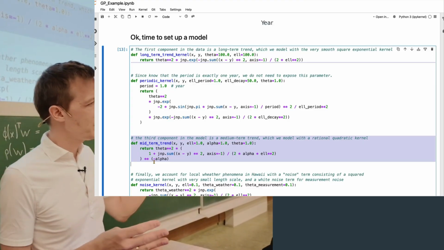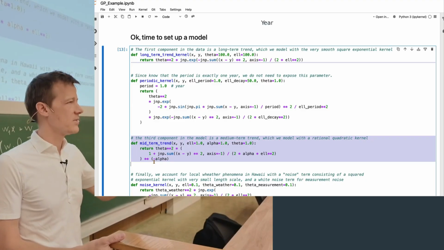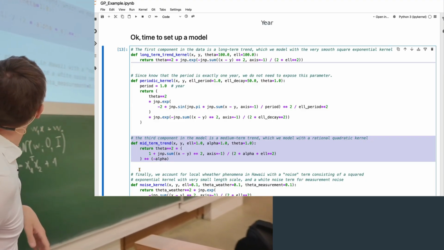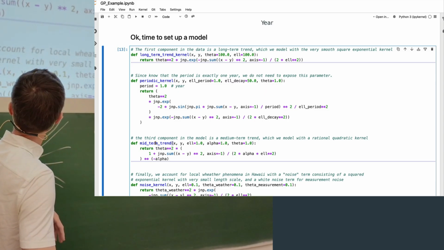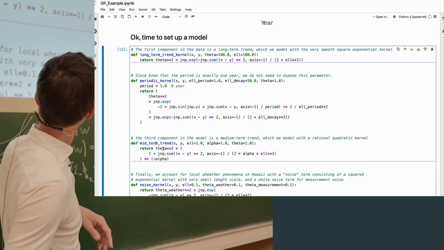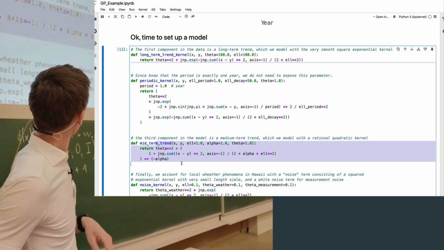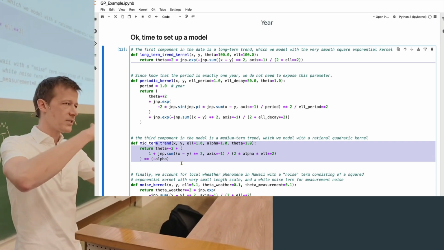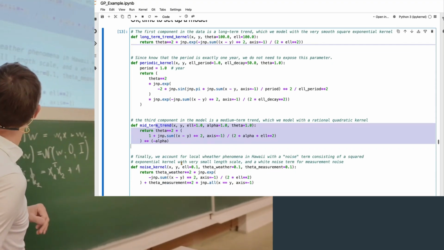Maybe it's something like GDP growth or wars and pandemics coming through, changing our output. So this I'm going to model with another rational quadratic term. You've seen this kernel already, which will have a length scale that is between 50 and 1 year, and an output scale that's also a bit more medium term.